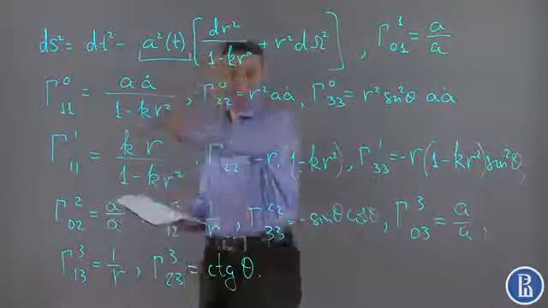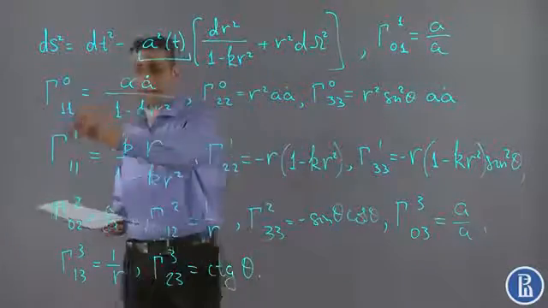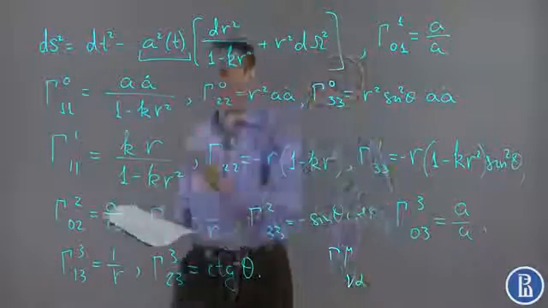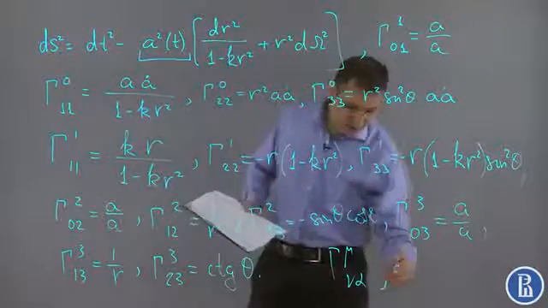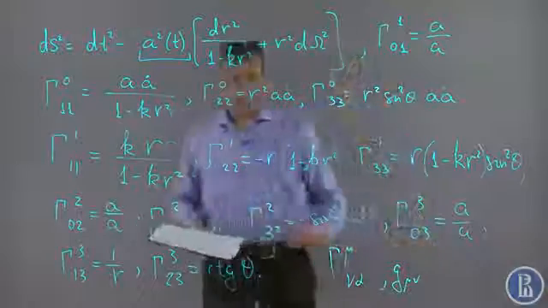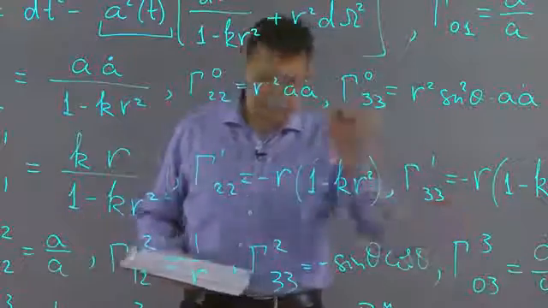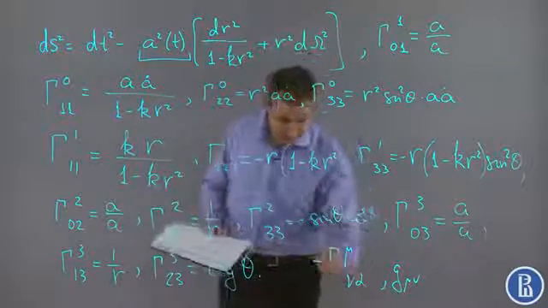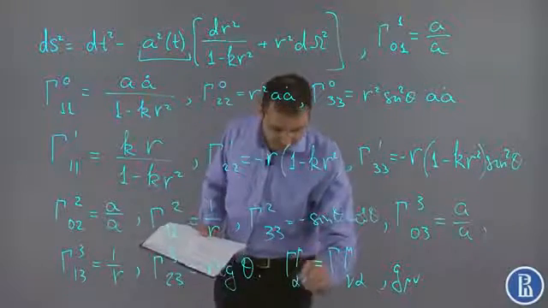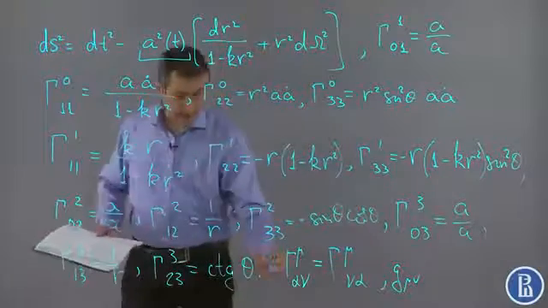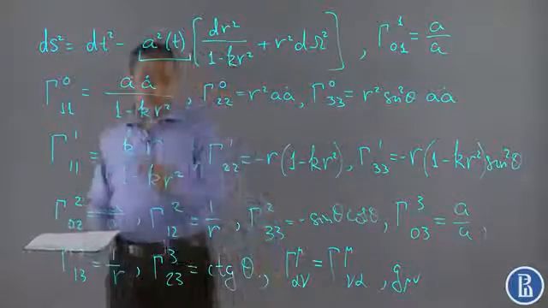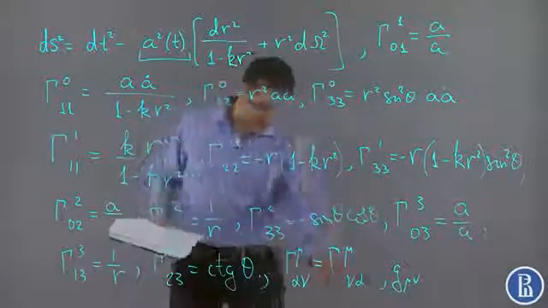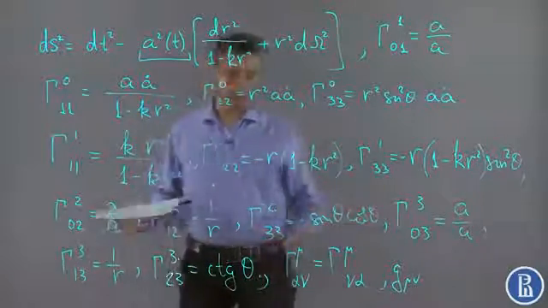These are the non-zero components of the Christoffel symbols gamma mu nu alpha for this metric tensor g mu nu. And the other non-zero components of the Christoffel symbol can be obtained from the symmetry properties of this tensor. Otherwise, if other components do not follow from this by the symmetry properties of the Christoffel symbol, they are zero.